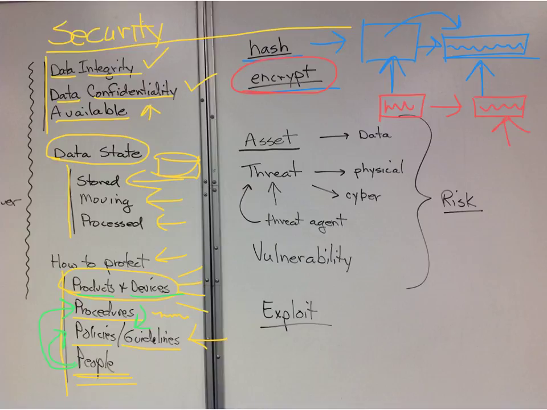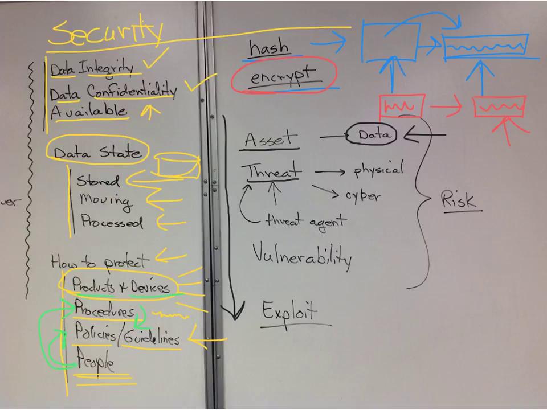We have a path here of items we need to be concerned about. Terms. So first we talk about an asset. In our scenarios, we're talking about data. Okay, typically whether it's about people, places, things, whatever the data is about.